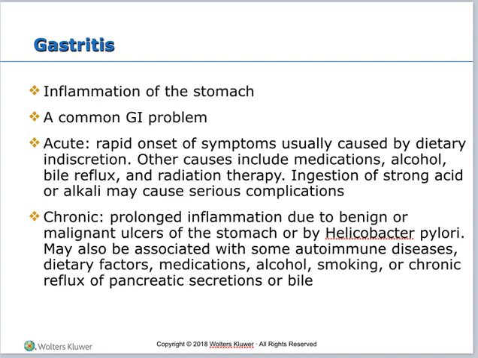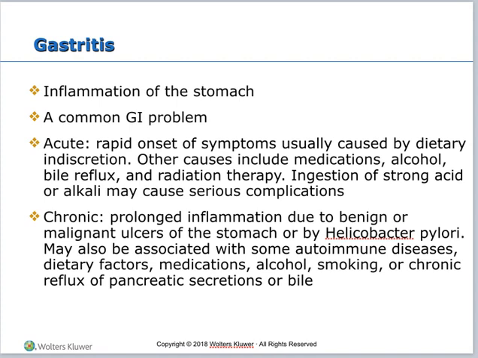When I say that gastritis is inflammation of the stomach lining related to erosion, many different things can cause that stomach lining to be irritated and eroded. Illness, prolonged stress, medications like NSAIDs or corticosteroids are notorious for causing this problem.